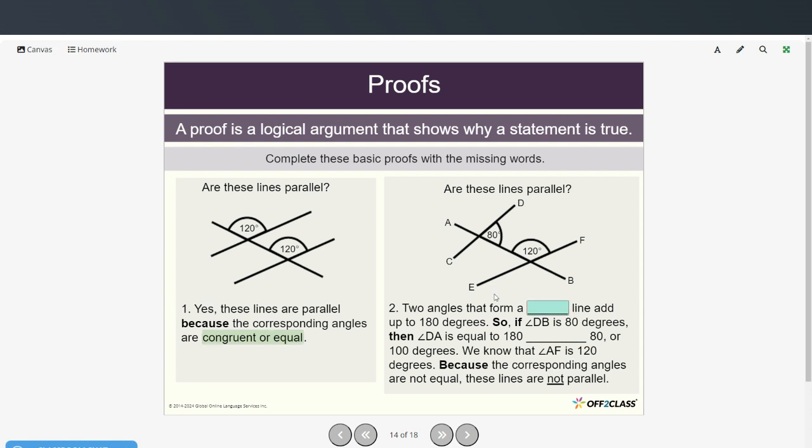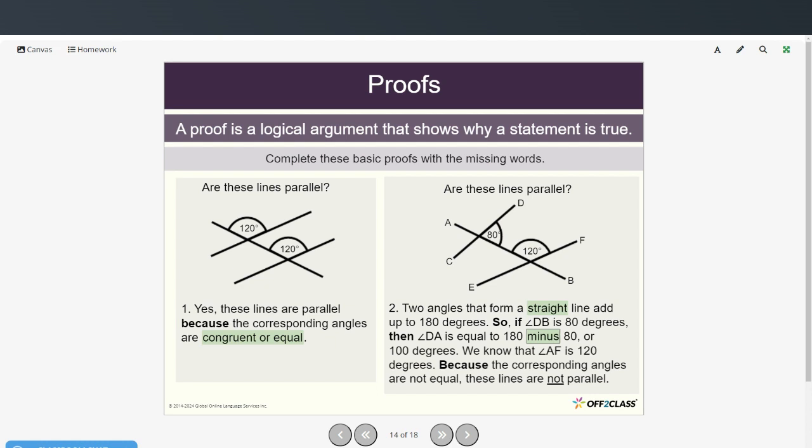Two angles that form a straight line add up to 180 degrees. So if angle DB is 80 degrees, then angle DA is equal to 180 degrees minus 80 degrees, or 100 degrees.